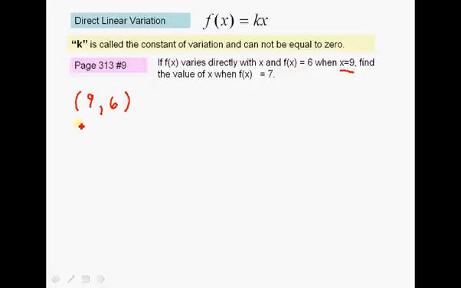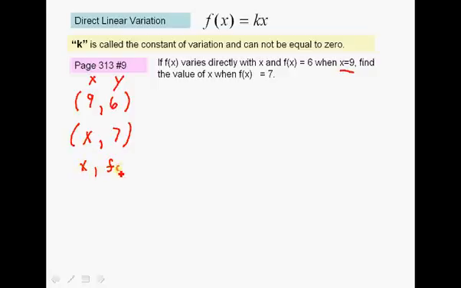So when x is 9, y is 6. Now we're told f of x equals 7, so we've got another point. What happens when y equals 7, or f of x equals 7? We have to figure out what x is.